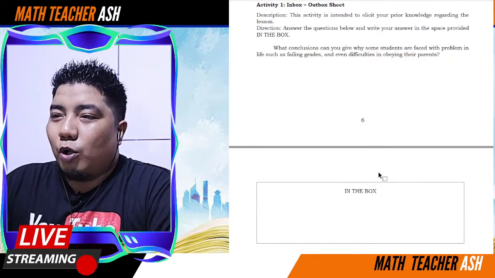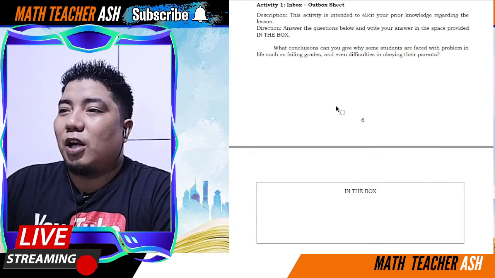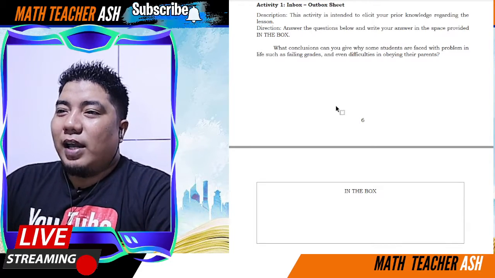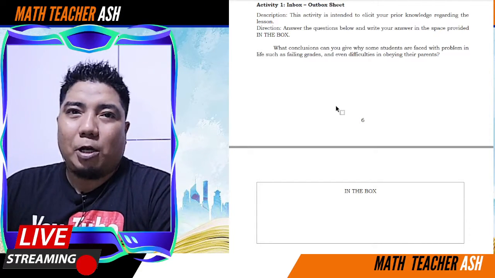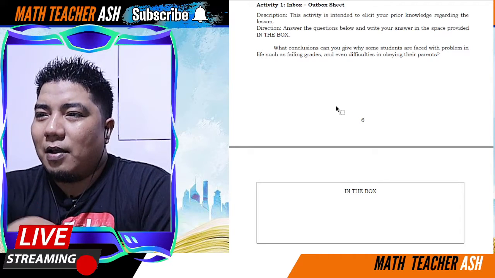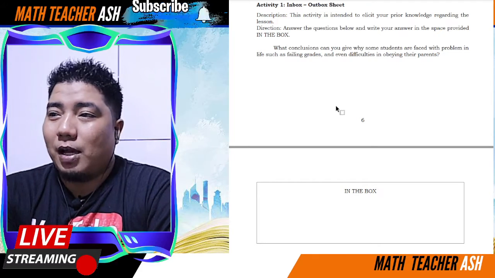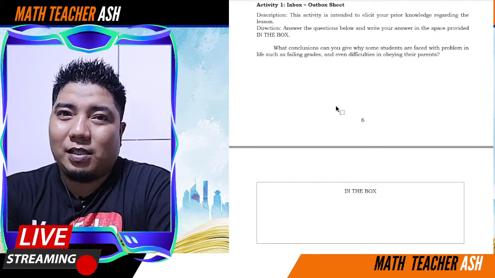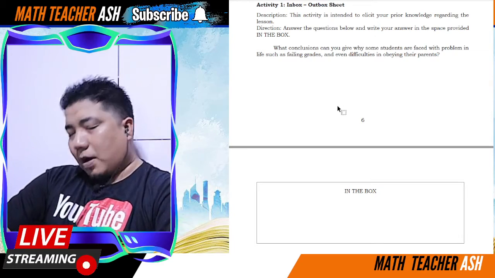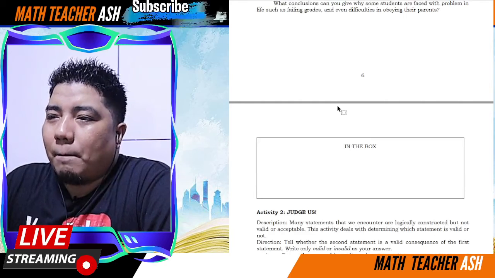So, we have here what conclusions can you give why some students are faced with problems in life such as failing grades and even difficulties in obeying their parents. So, ano daw yung mga makukonclude natin mula sa mga estudyante kung bakit meron silang mga life problems like failing the grades or merong kahirapan sa pagsunod sa kanilang mga magulang.